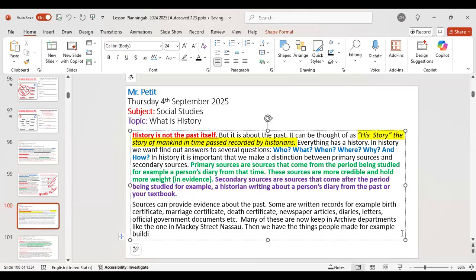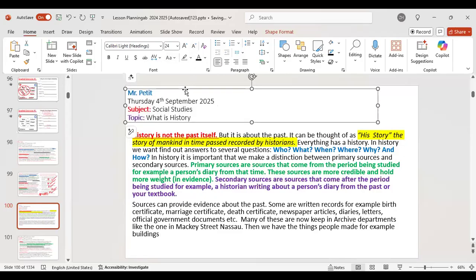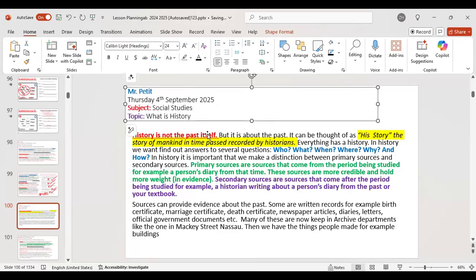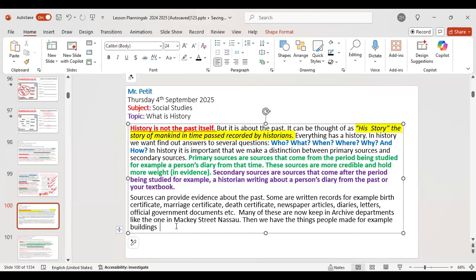Buildings, you know, I don't know if y'all ever went on a trip, and they showed you different buildings, the different forts of the Bahamas and old historical buildings.